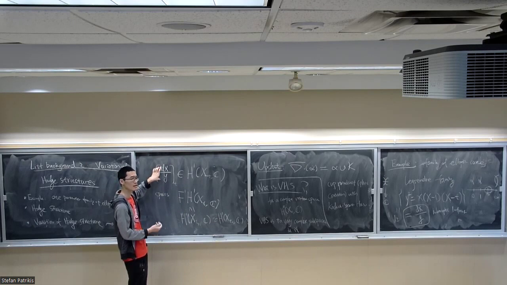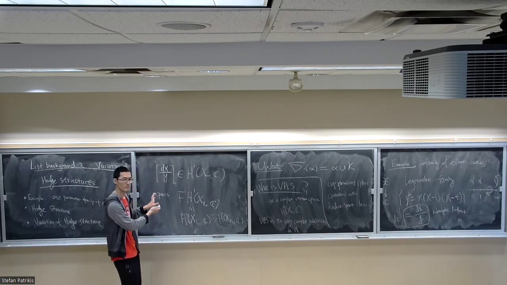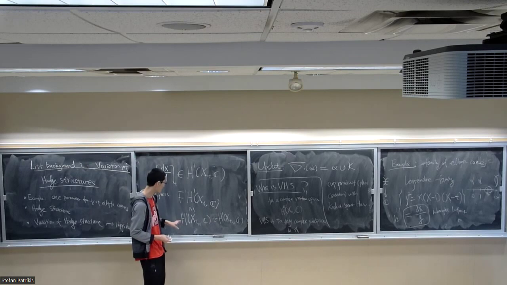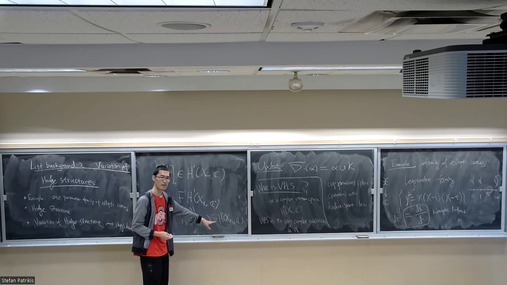This form is changing, and you pair it, integrating over delta and gamma, and they're going to be different, and you are varying that data. This is sort of the ratio of the periods, and you're varying your holomorphic one forms. You're varying this one-dimensional complex subspace in it.